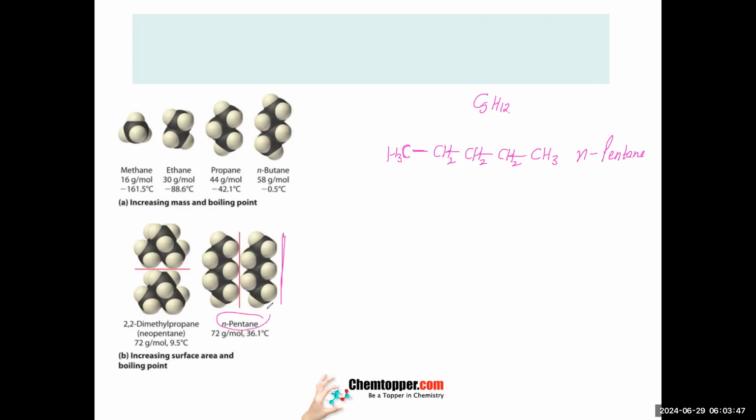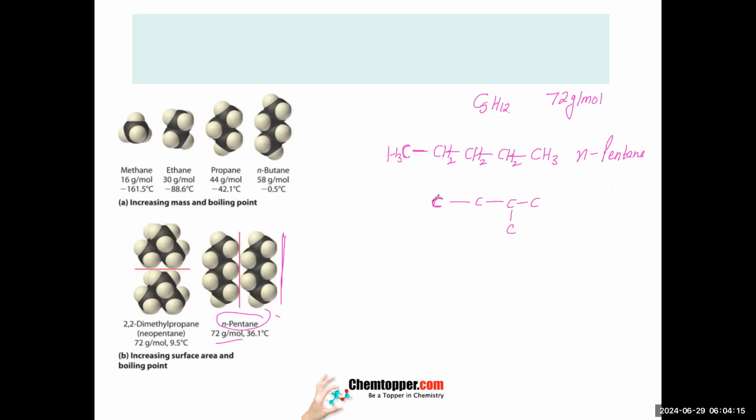Normal pentane. The molar mass is 72 grams per mole. This one also has the same. But it can have a branch like this. 4 carbons in the straight chain and 1 carbon here. Now it's a branching. This is called a branch of a hydrocarbon. These are hydrocarbons. Put hydrogens.